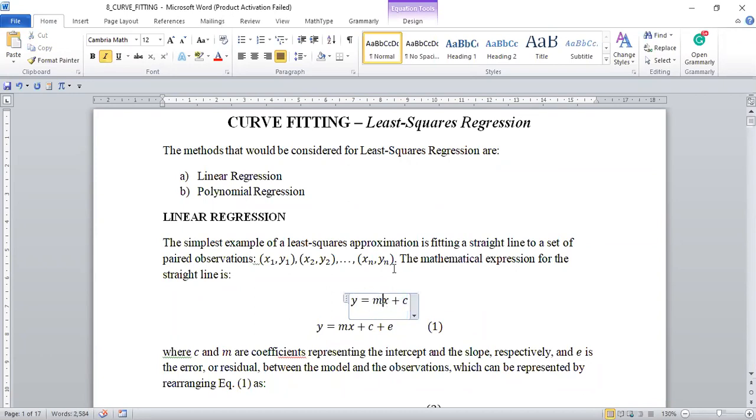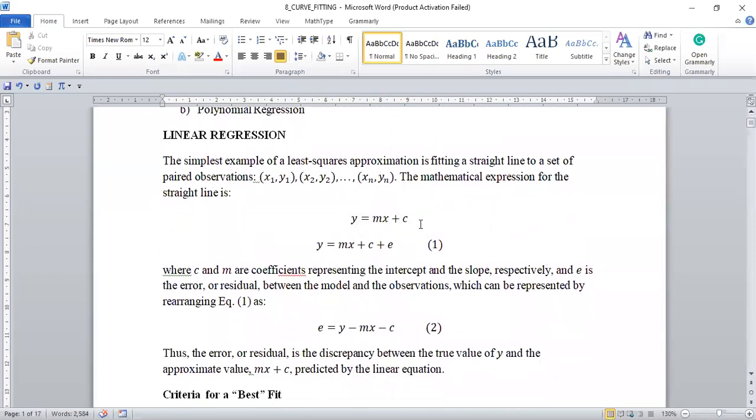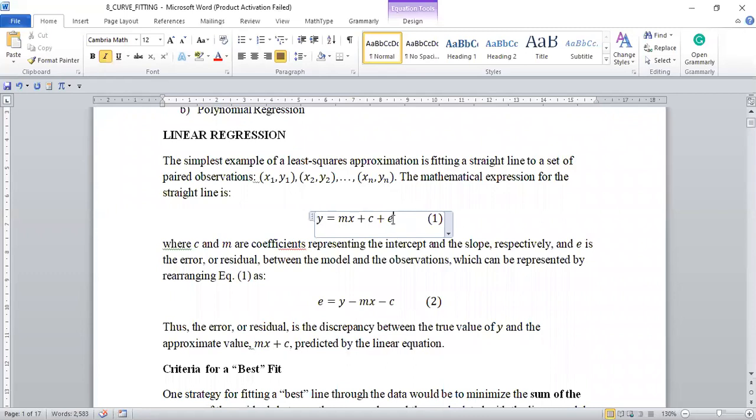For linear regression, we are fitting this straight line through the data, but we introduce another variable called e, where e is the error, because we are fitting a set of data points and it's not likely that we fit it perfectly.